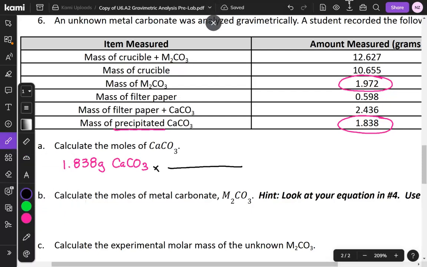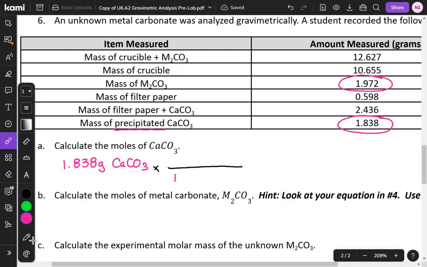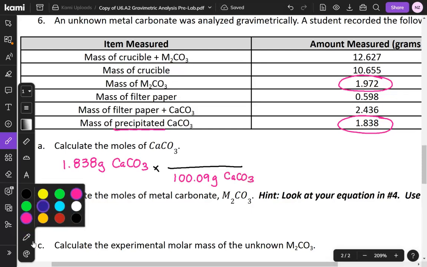I'm going to set up our conversion here. Our molar mass is going to go on the bottom. So this is going to be 100.09 grams of calcium carbonate. That's how many grams are in 1 mole of calcium carbonate.